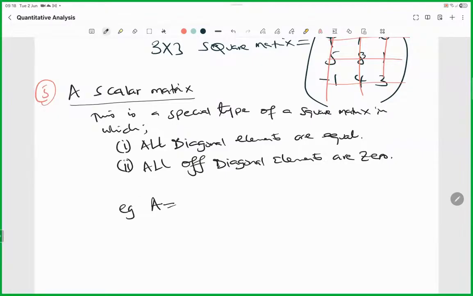For example, here we have 5, 0, 0, 0, 5, 0, 0, 0, 5, like that.